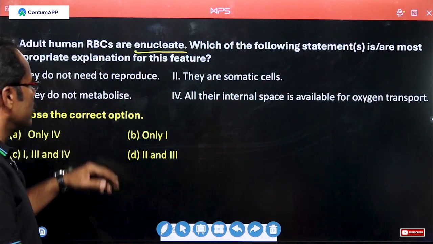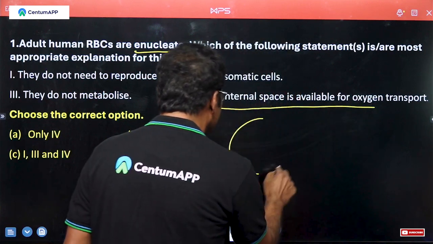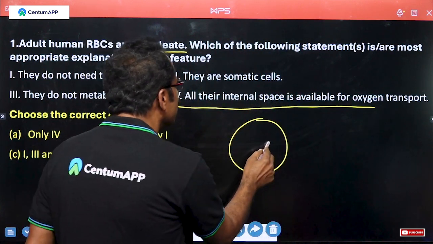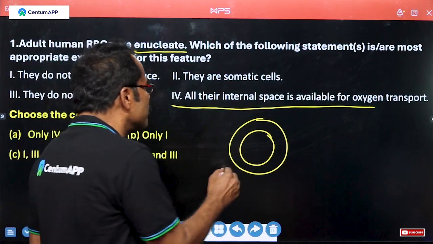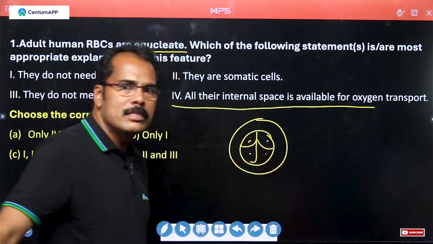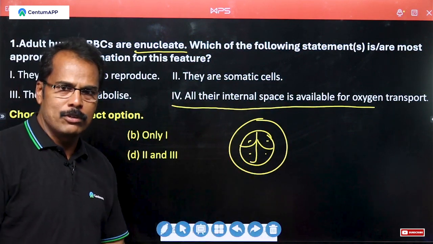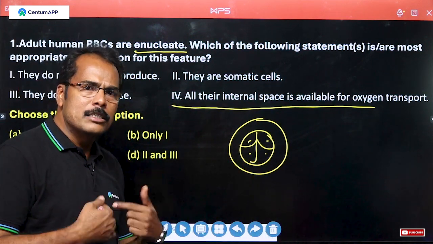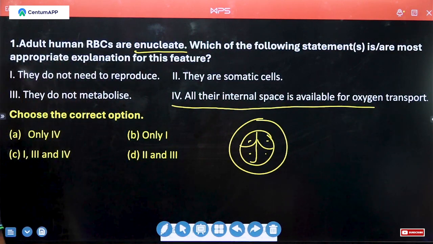The fourth option is all their internal space is available, because the RBC, without a nucleus, has 4 polypeptide chains, that is 4 heme molecules. These 4 heme molecules are meant for the transport of oxygen and carbon dioxide. So, the right option is only the fourth.